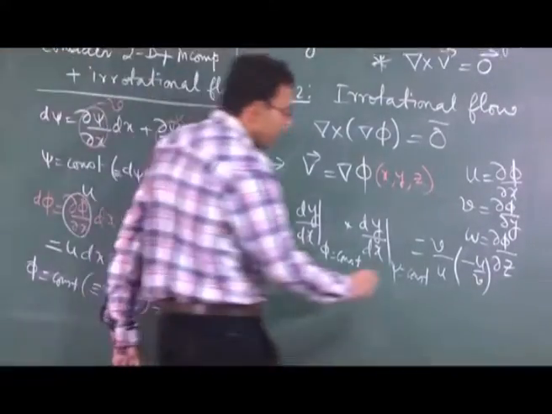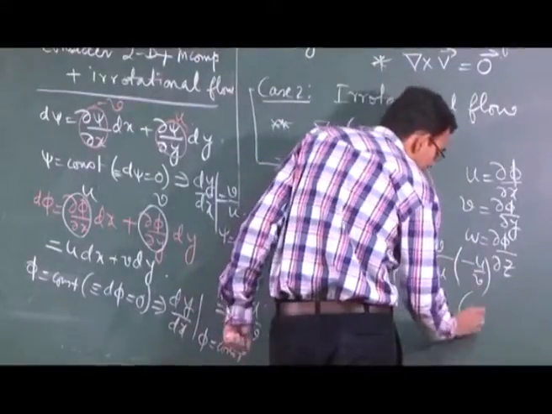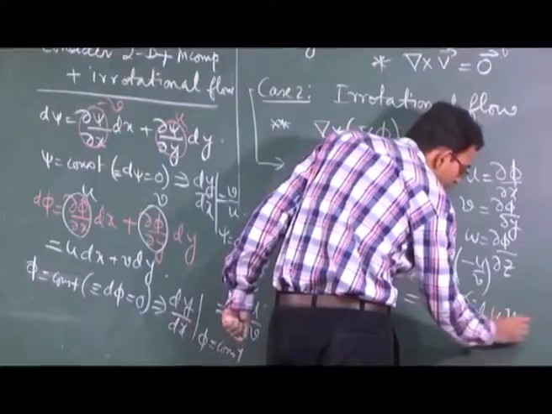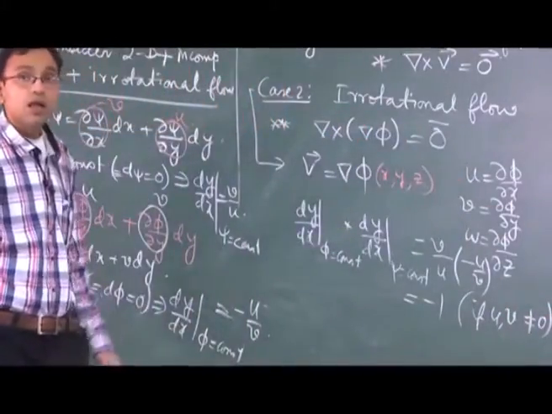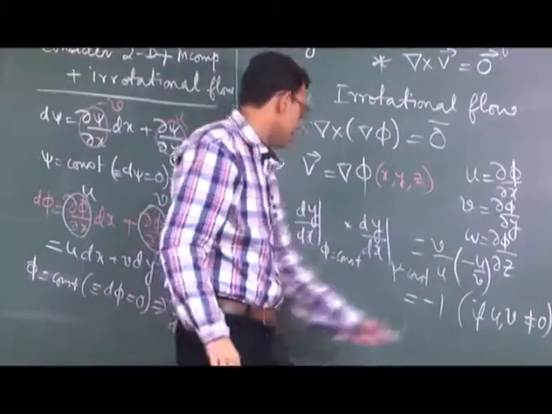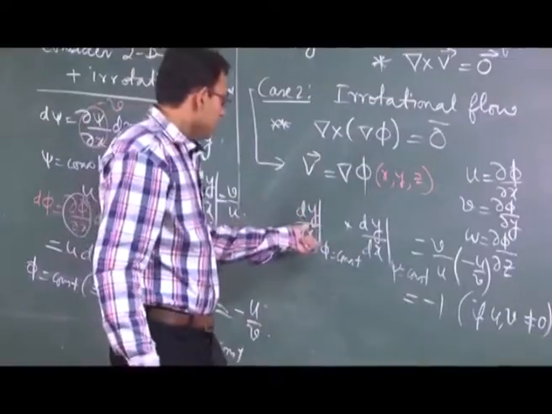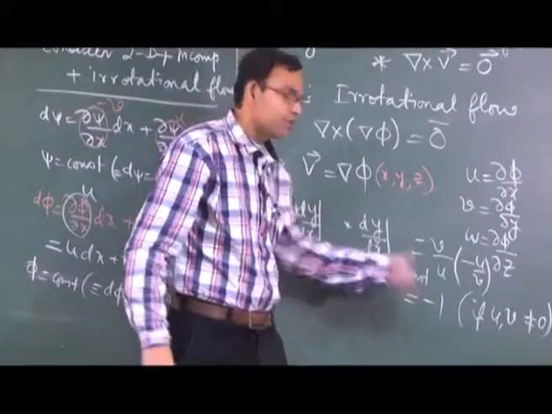This is minus 1, provided you can do this multiplication and cancellation, that is, if u and v are not equal to 0. This is very important. So, if u and v are not equal to 0, you can cancel all this, and basically the product of these two is minus 1.